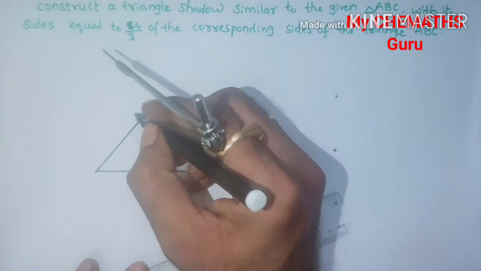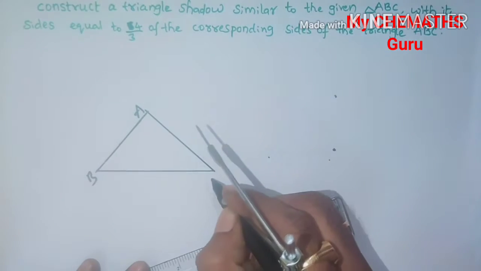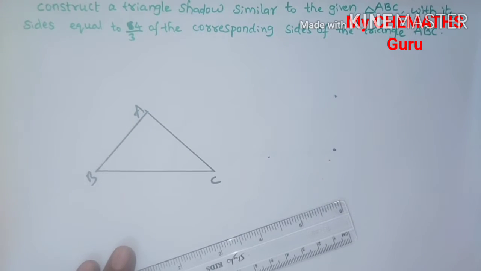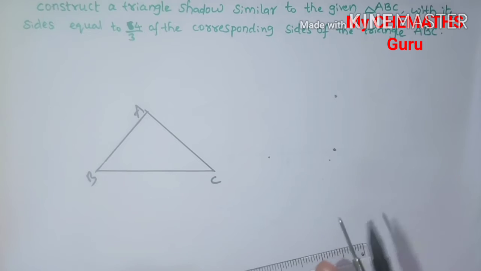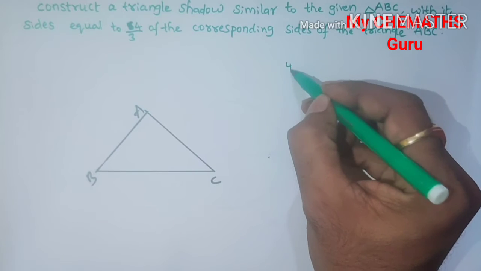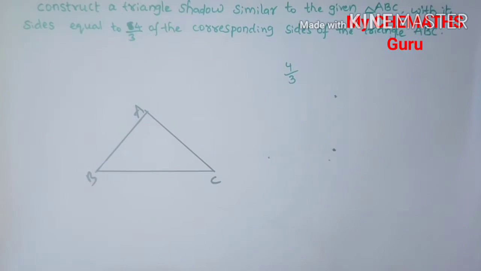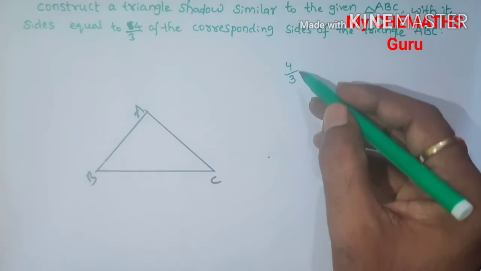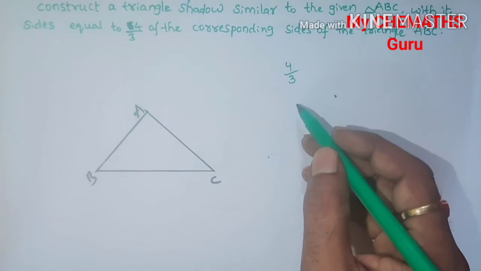Okay, it is triangle ABC. As per our convenience, we take whatever triangle. Next, what is the given ratio? 4/3 is the given ratio, equal to 4/3 of the corresponding sides.